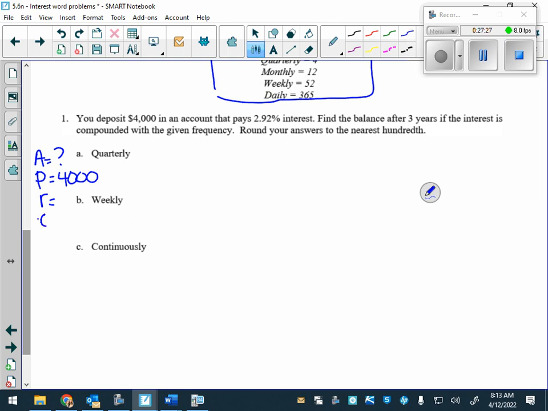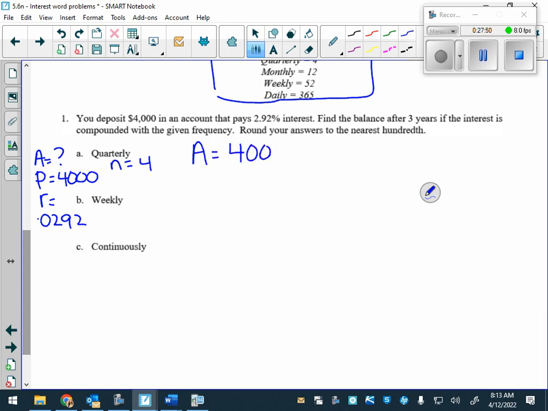Yes, there it is. 0.0292. Thanks, Zach. 0.0292 would be your rate as a decimal. Now, for quarterly, that's your n value. Quarterly is how many times per year? 4.